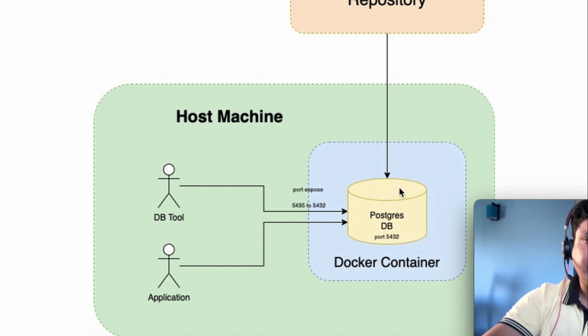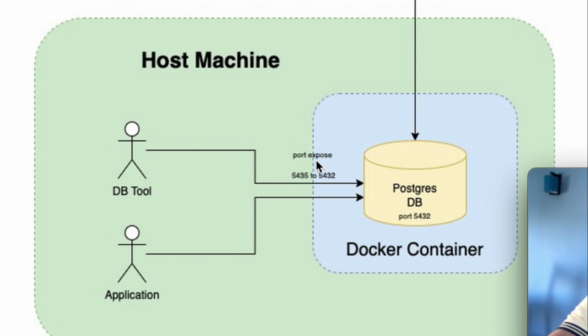Now, the thing to remember and notice here is the port mapping. It is very important. Whenever we want to access an application which is running on a certain port inside a container, we always have to do a port mapping. Port mapping is required to map a container port to a host port so that the application running in a container is accessible outside the container, on the host machine.